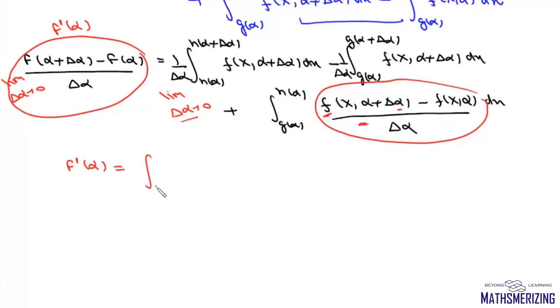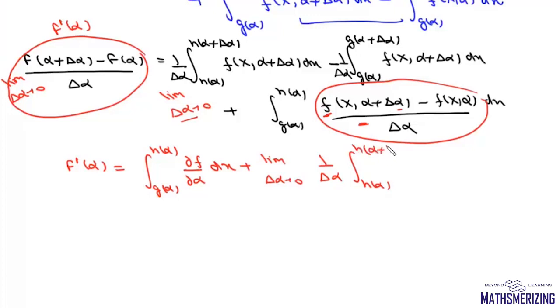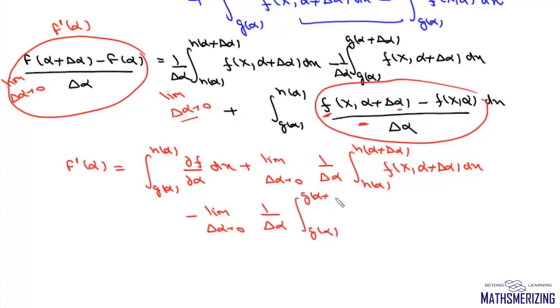So it'll be this integral from g alpha to h alpha of del f upon del alpha into dx, and then plus this limit delta alpha tends to 0 of 1 upon delta alpha, this integral from h alpha to h alpha plus delta alpha of f(x, alpha plus delta alpha) dx, and then minus this limit delta alpha tends to 0 of 1 upon delta alpha, the integral from g alpha to g alpha plus delta alpha of f(x, alpha plus delta alpha) into dx.